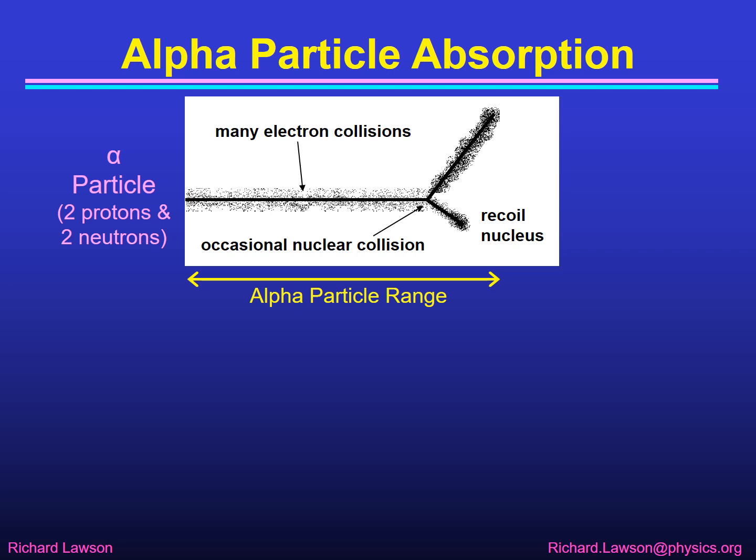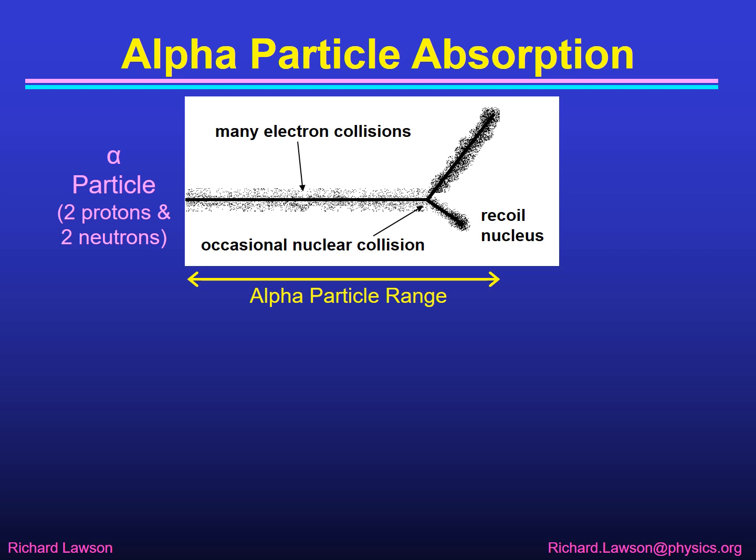So you'll realise that actually the chance of an alpha particle hitting a nucleus is very small, so mostly it carries straight on, and every now and again it does just hit the nucleus of an atom. The nucleus will recoil in this direction and the alpha particle will bounce off somewhere else, continuing to cause ionization.